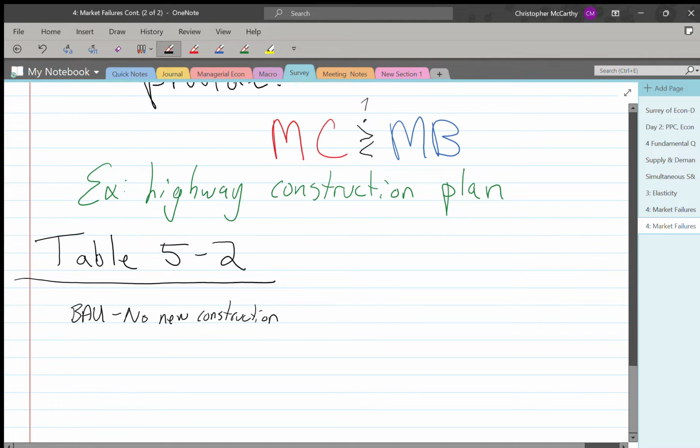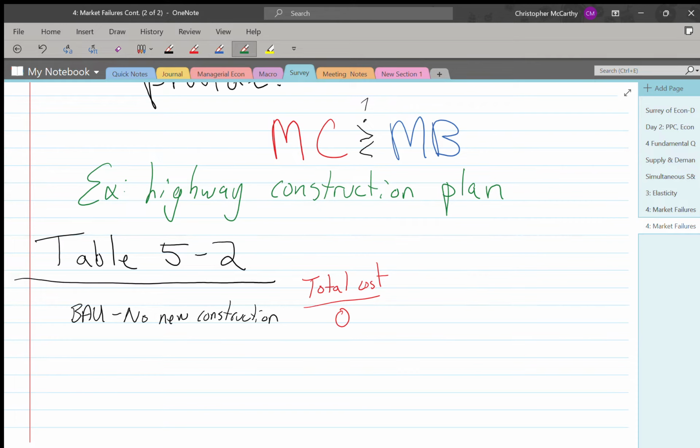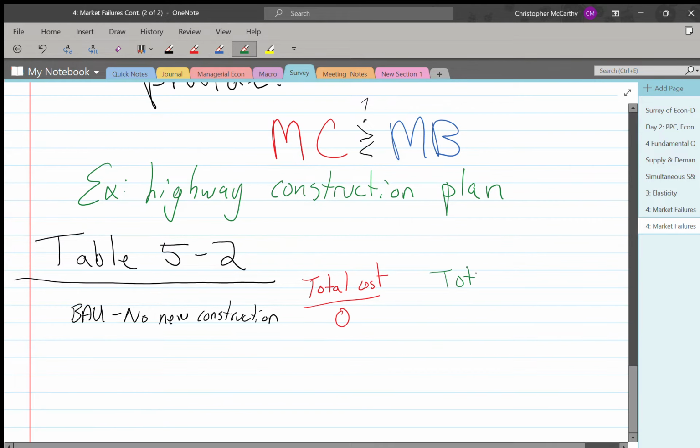This is going to have a total cost of what? 0. This is going to have a total benefit of what? 0.